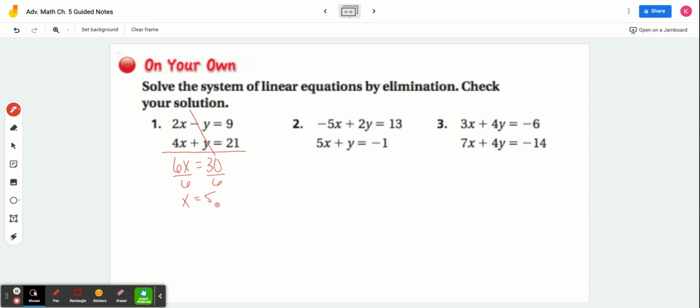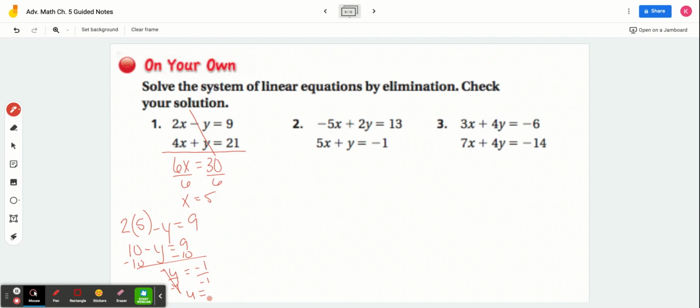We can then take this value back into one of our equations. So 2x when x is 5, minus y equals 9. So 2 times 5 is 10. We can subtract 10 on both sides to find that negative y equals negative 1. And we can divide by negative 1 on both sides to end up with a positive variable.